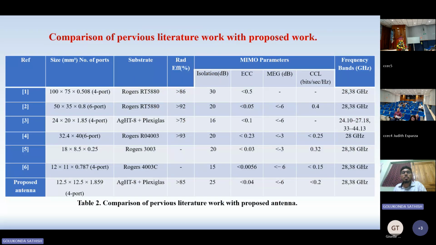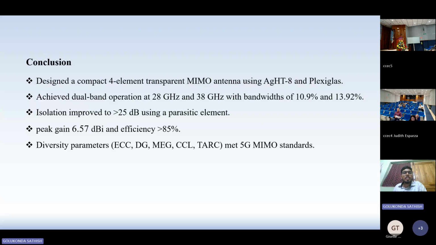This is the comparison table of literature work with the proposed antenna. Conclusion: designed a compact 4-element transparent MIMO antenna using AgHT8 and Plexiglass, achieved dual band operation at 28 and 38 GHz with bandwidths of 10.9% and 13.92%.